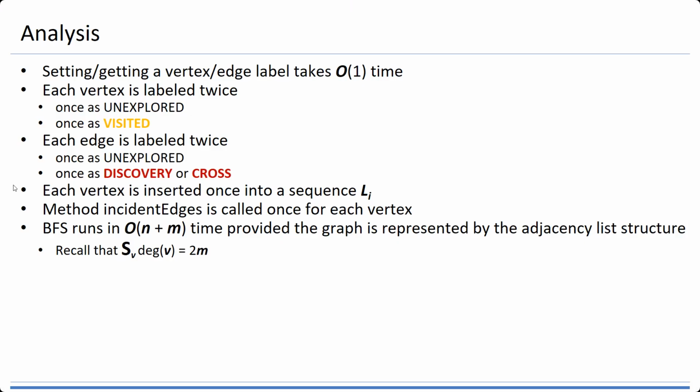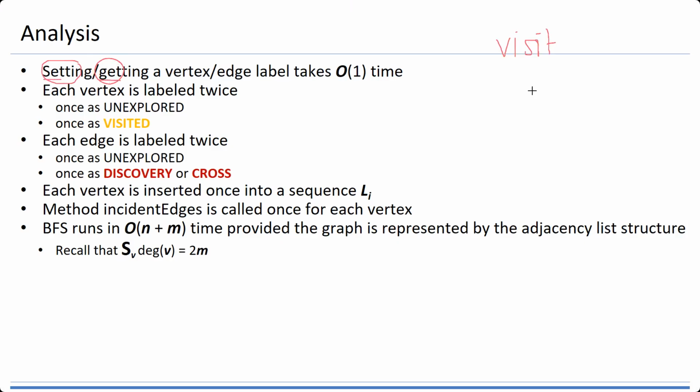The analysis, when we want to set or get. Set means we want to create a particular label. For example, we want to set the node or the vertex as visited. So we set the label.